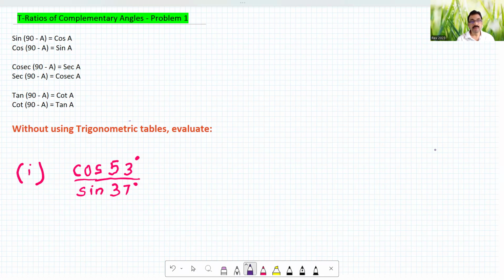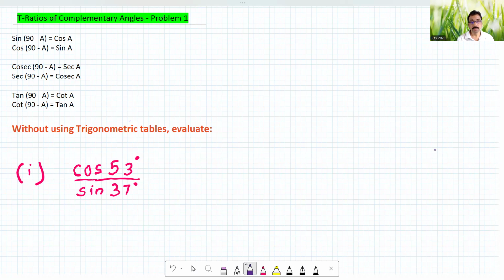Sine 90 minus A is equal to cos A, cos 90 minus A is equal to sine A, cosec 90 minus A is equal to sec A, sec 90 minus A is equal to cosec A, tan 90 minus A is equal to cot A, and cot 90 minus A is equal to tan A. So these are the 6 relations that we need to keep in mind while solving problems in this chapter. Let's get started with the problems.